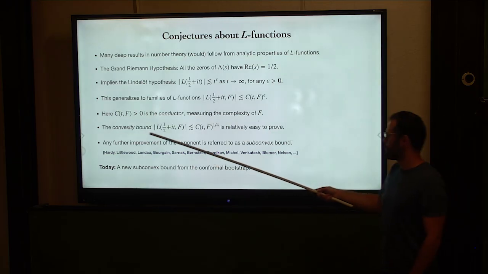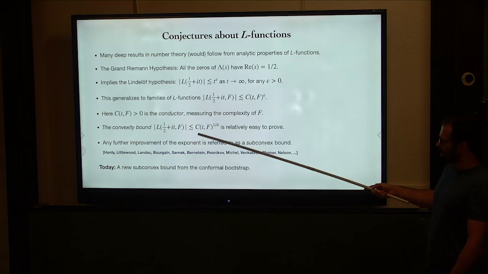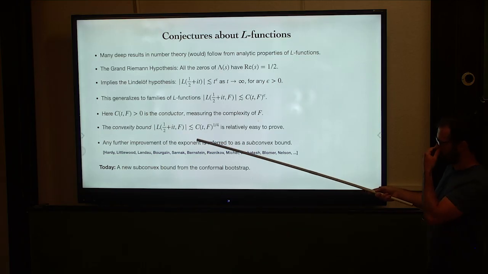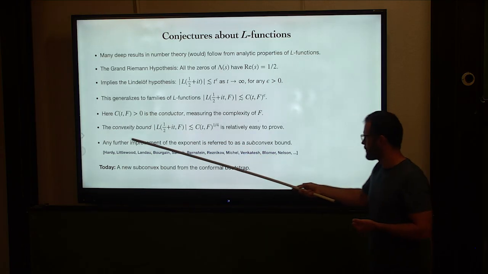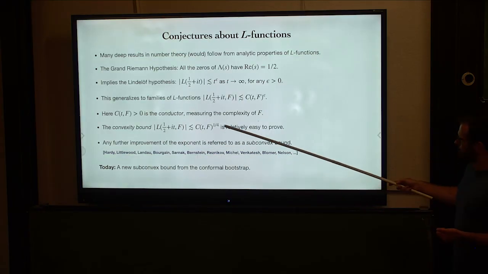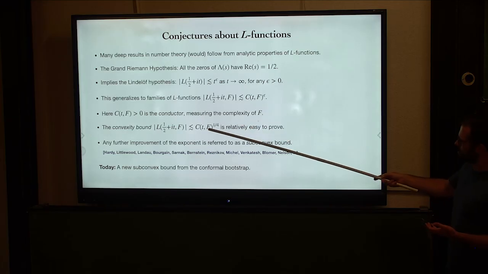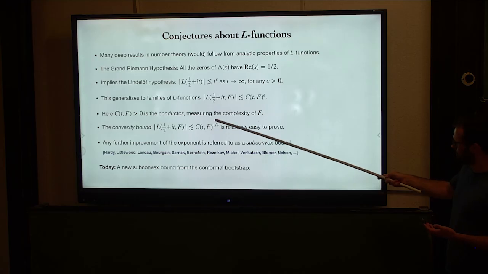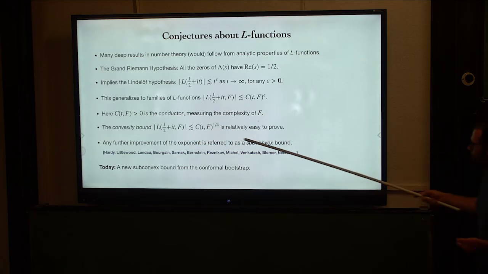And then it's relatively easy to prove using the functional equation the so-called convexity bound, which is that this is bounded by the conductor to the 1/4. So let's say that for degree d L functions, this goes like t^(d/4). This is relatively easy to prove.